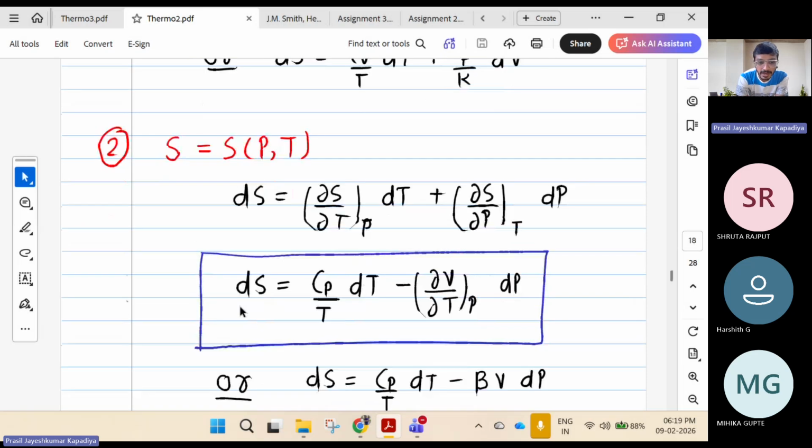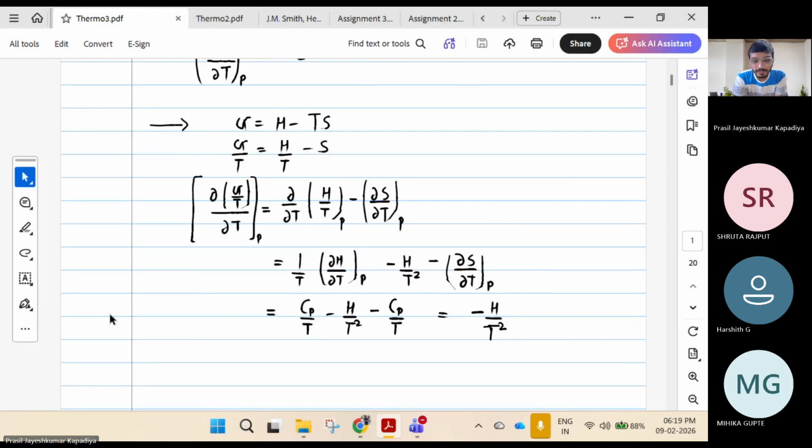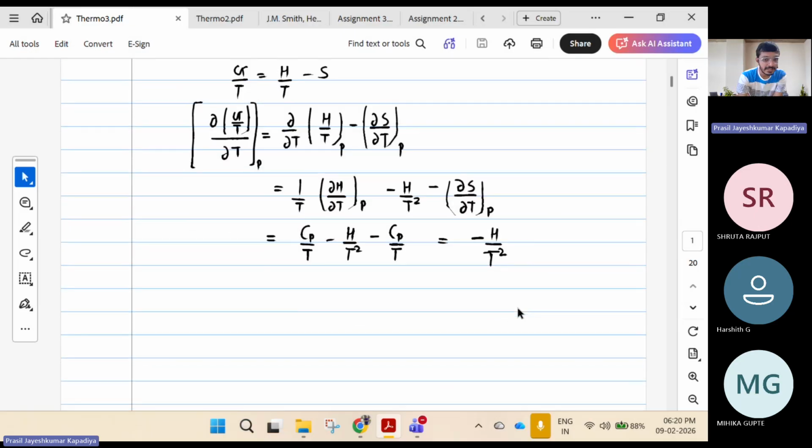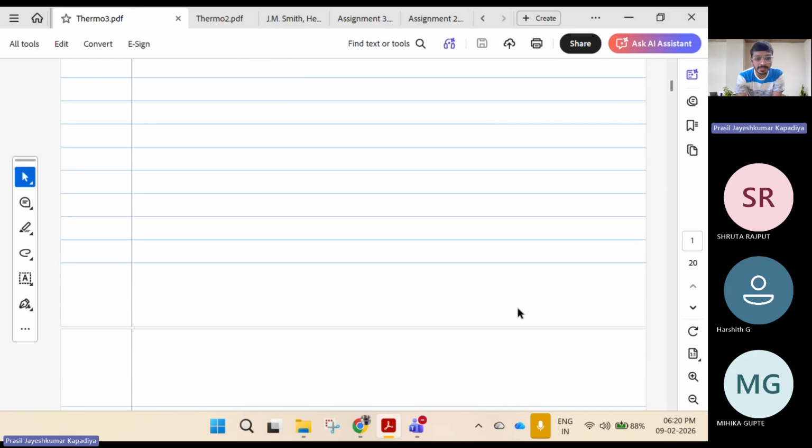So the Cp by T terms cancel, and we are only left with minus H by T square. So del of G by T is nothing but minus H by T square. So both ways we are connecting S and H with delta G, the change in Gibbs free energy with temperature.